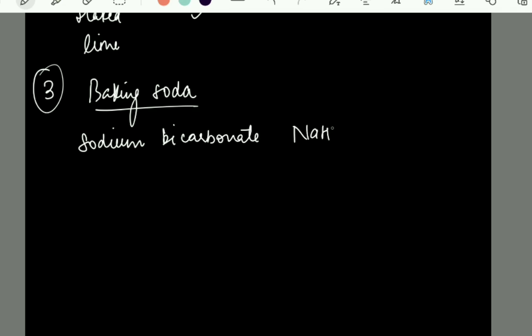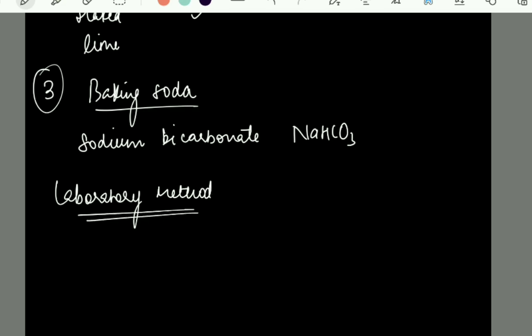Sodium bicarbonate is NaHCO3. So we have two methods to obtain baking soda. One is commercial. So first we are going to discuss the laboratory method.